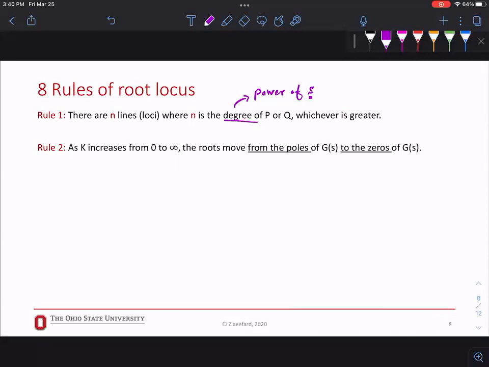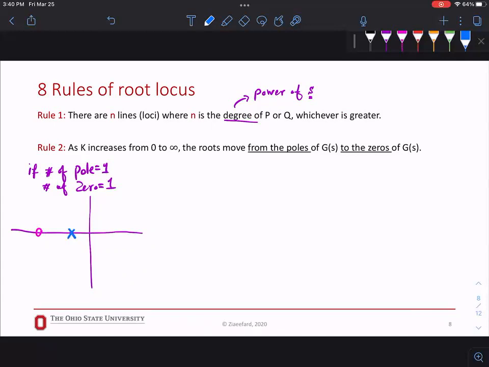Now, let's just work on an example, all right? If the number of poles is 1 and the number of zeros is 1, let's say there is a zero and there is a pole.